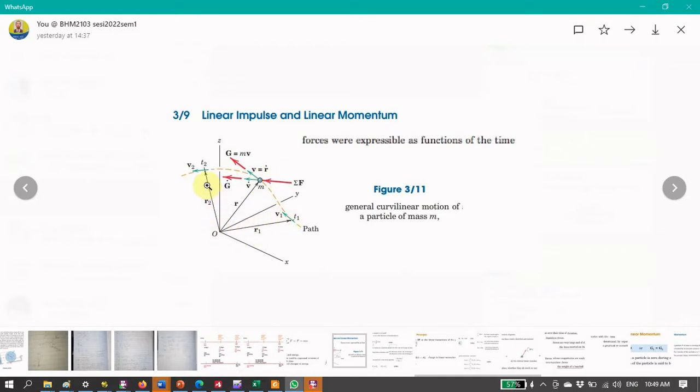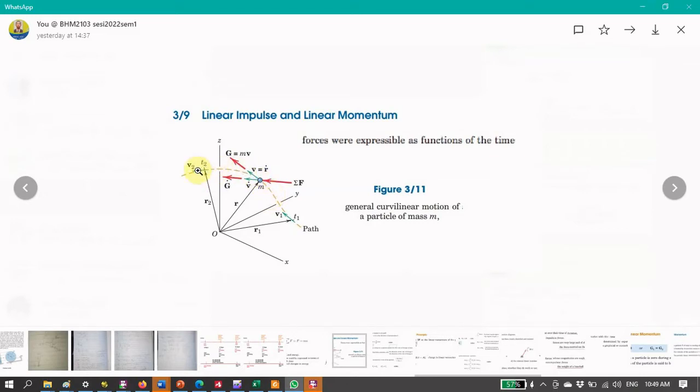And for the impulse, we are looking at two positions. The t1 represents the initial time, the initial location, and then the particle is moving through the curvilinear motion up to time t2.